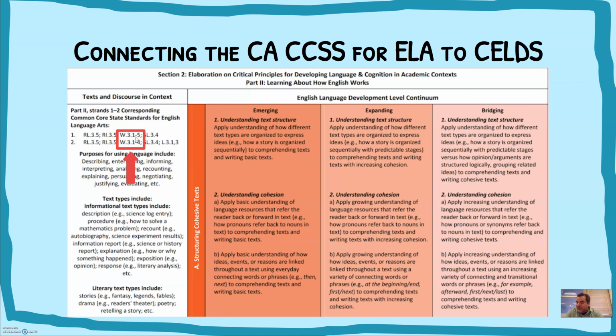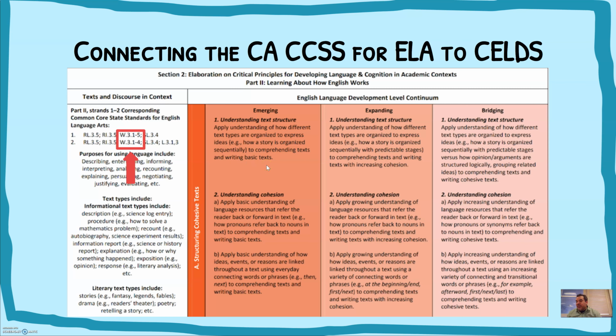Let's just read one standard. Let's read the emerging standard for Standard 1. Understanding text structure. Apply understanding of how different text types are organized to express ideas. For example, how a story is organized sequentially, to comprehending text and writing basic text.